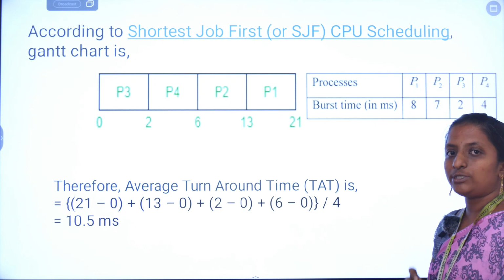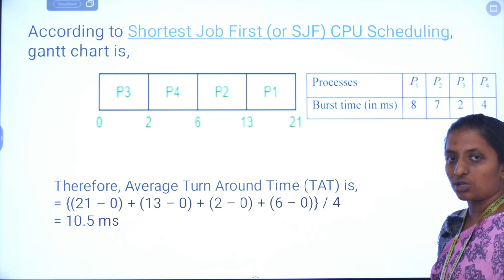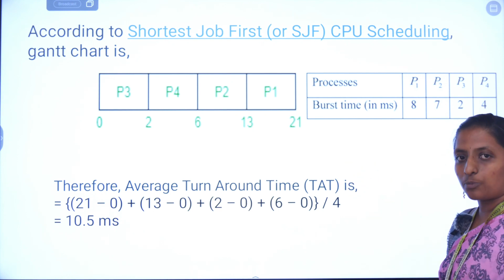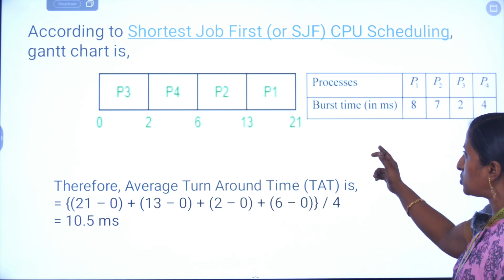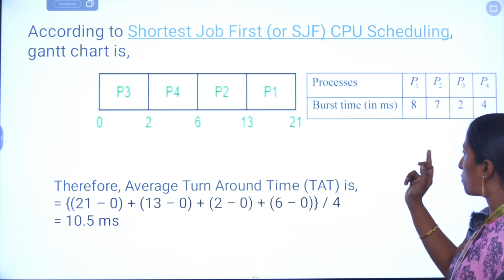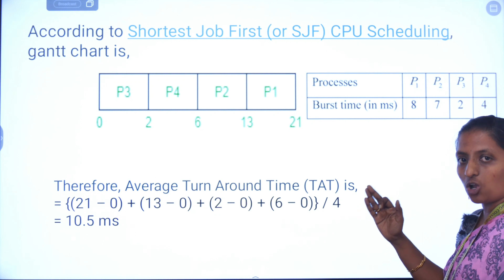First, the shortest job first scheduling algorithm. Whenever you are going to solve a problem, you have to draw a Gantt chart. The Gantt chart is used for representing how the processes execute and what the execution time is. If you see this table, there are 4 processes, and the process with the shortest execution time will be allotted first.